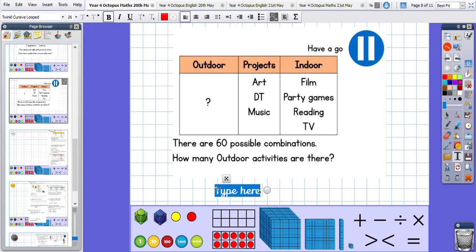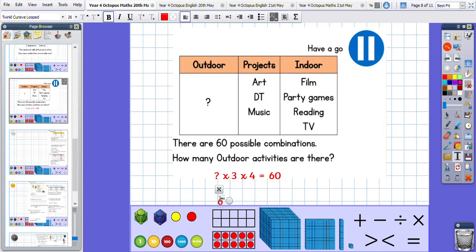So we know that it's something times 3 because we've got 3 projects, and times 4, because we have 4 indoor activities, equals 60, because overall there are 60 combinations. So how could we find out this answer? We could do the inverse. So we know the inverse of multiplication is division.